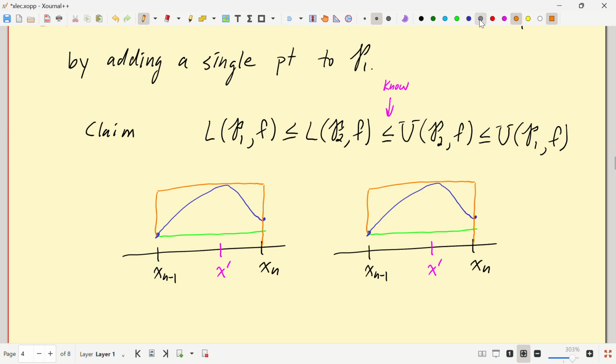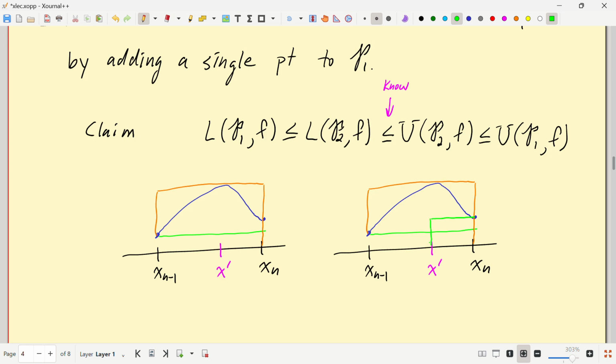I'll make it dotted. That would still be the lower sum for that one, but this one would have a new lower sum. I'll make it green. So it would add a little bit. So you see, in that case, it goes up.